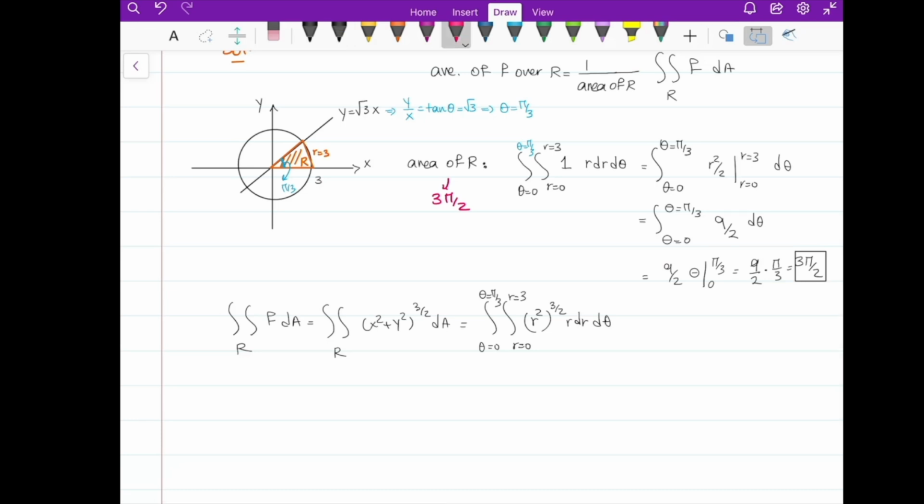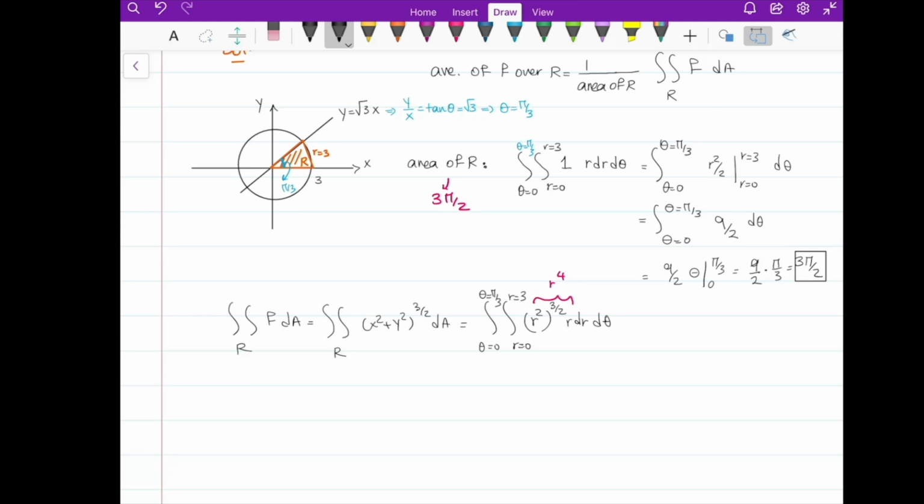If I want to simplify this one, it would be r squared to the power of 3 over 2, so it would be r cubed. I have another r that's going to multiply by that, so everything together would be r to the fourth.